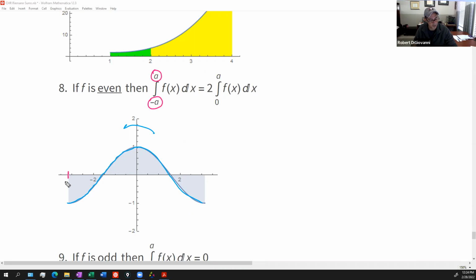Because it's an even function, I can just look between 0 and a, find that area and double it.